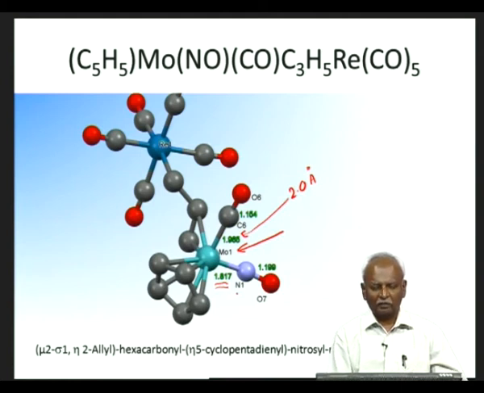The molybdenum nitrogen bond distance was also smaller than what you would expect for a single bond. So, you can see that these bond orders must be greater than 1.